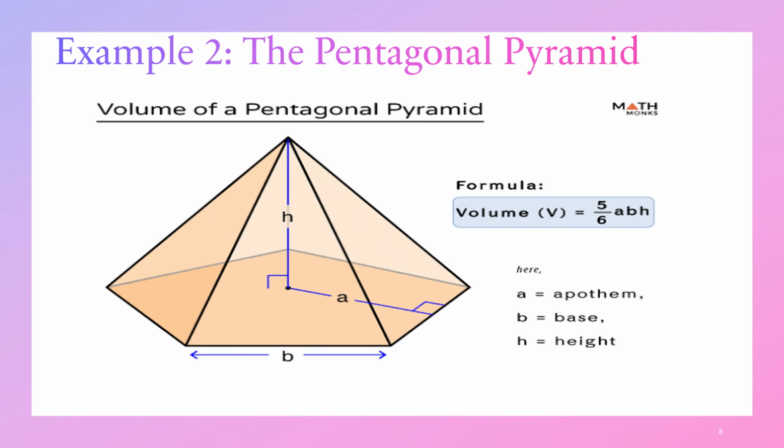Now, for the pentagonal pyramid, we have the formula: volume equals 5/6 times A, B, H, where A is the apothem, B is the base, and H is the height.